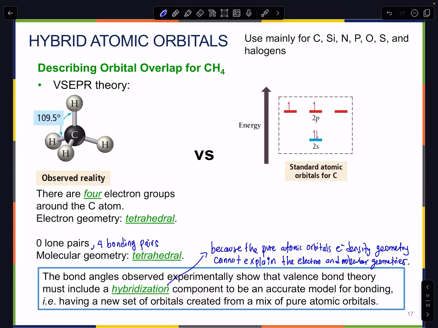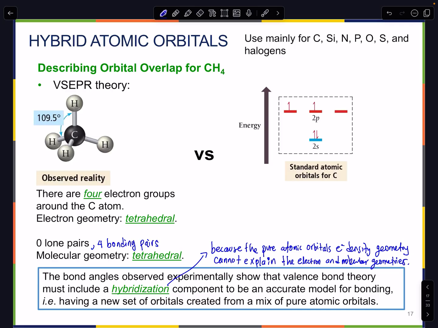The next possibility is three electron groups around a central atom; maybe you can take note of that. If we have three, the corresponding electron geometry is trigonal planar, and we call that hybridization scheme sp2.